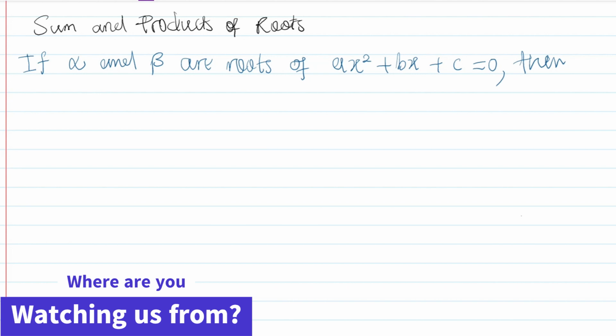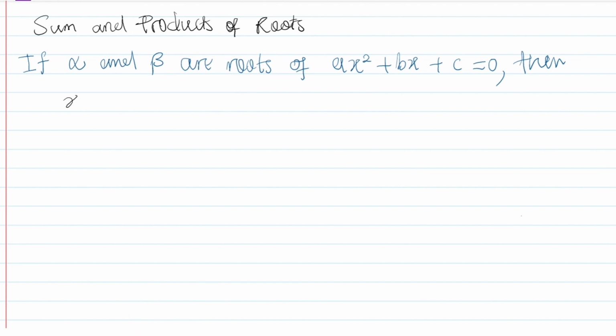Okay, so if we make the coefficient of x squared 1, that is x squared plus b over a x plus c over a is equal to 0. Now, if alpha and beta are roots of a quadratic equation, we could write (alpha minus x)(beta minus x) is equal to 0.